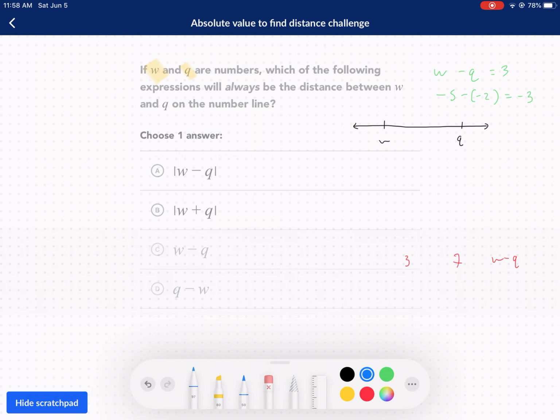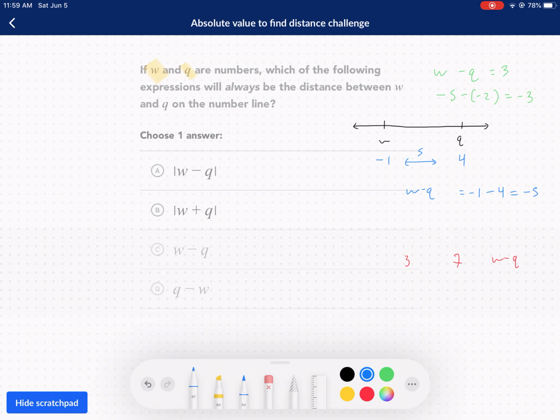Let's say W is negative 1, and Q is 4. The distance between them is 5. But if we do W minus Q, negative 1 minus 4, that gives us negative 5. Again, we'd get a negative number instead of the positive value that we want.